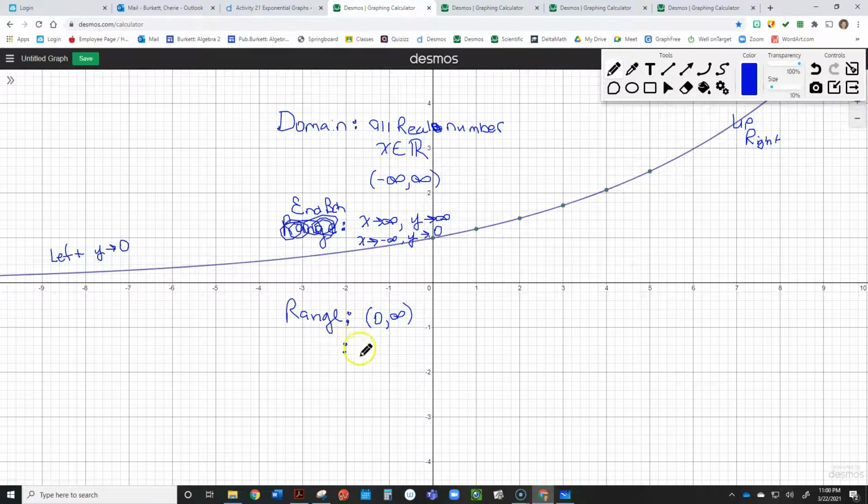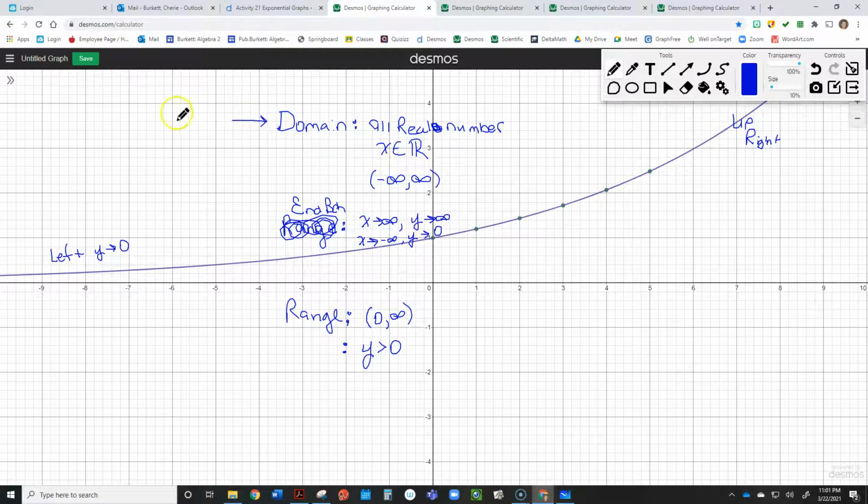Another way to say it would be to say that my y values are greater than, but they're not equal to, they're greater than 0. And so this is using interval notation. This is using inequality notation. So these both say the same thing. So for all exponential functions, be sure you see this.